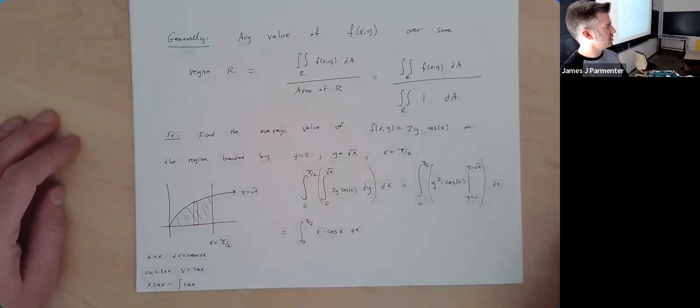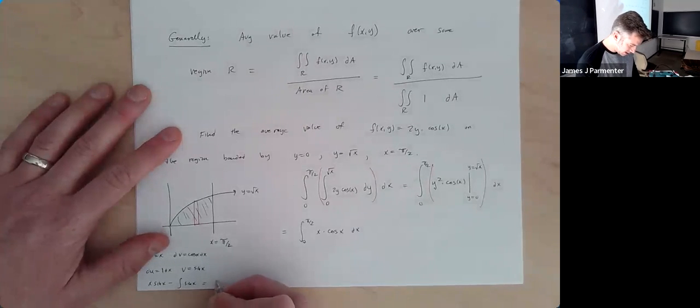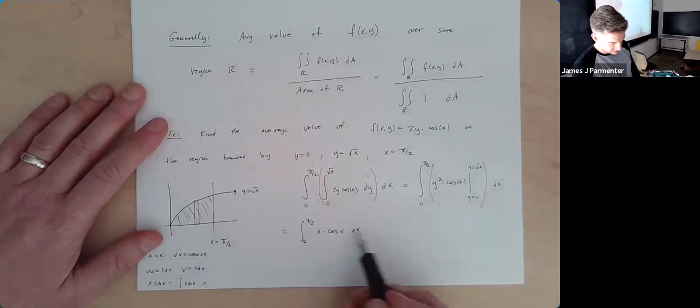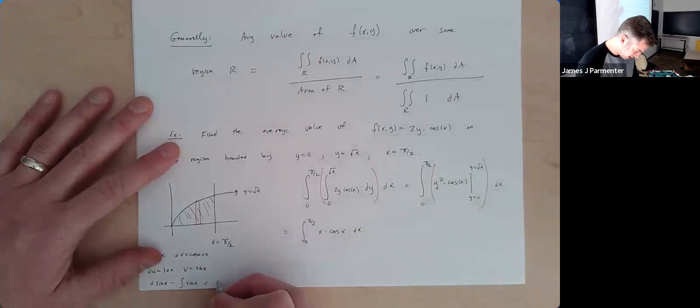Plus cosine of x? Yeah, plus cosine of x. The reason I'm doing that all here is I don't love writing out my integration by parts with the limits of integration in all the places.